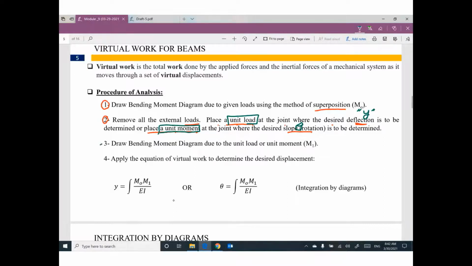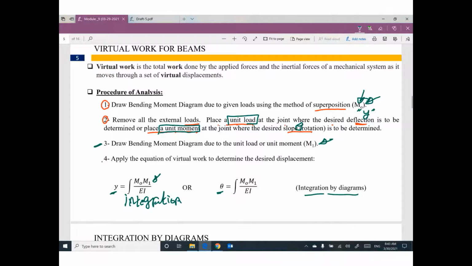Then draw the bending moment diagram one more time. So we have 2 diagrams of moment: the first one due to the given load, the second one due to the unit load. Then the fourth step will apply the equation of virtual work. For deflection, you will do integration of the first moment by the second moment, divided by EI, or theta will be integration of the first moment by the second moment divided by EI.